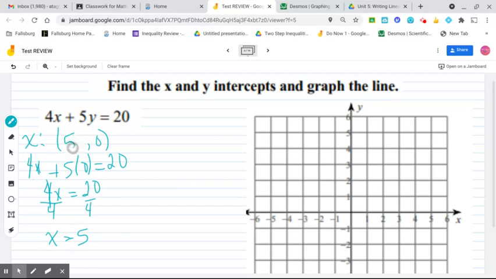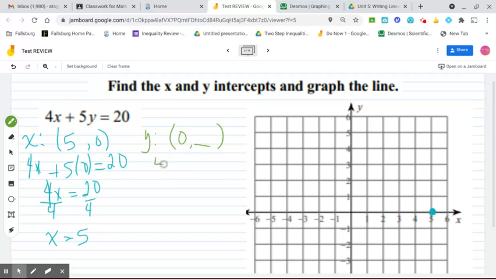So that means our x-intercept is the point 5, 0. So when you graph it, it should be on the x-axis, right? Because that's where it crosses the x-axis, the x-intercept. And to find the y-intercept, we plug in a 0 for x, and we want to know what y is, right?